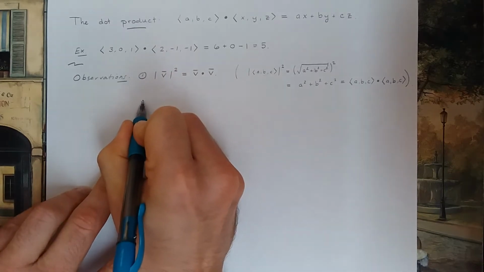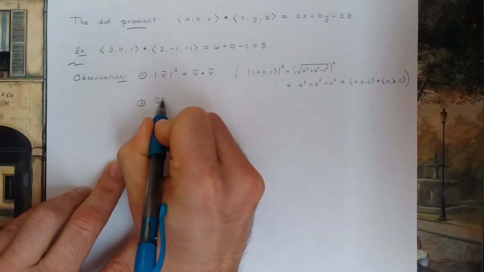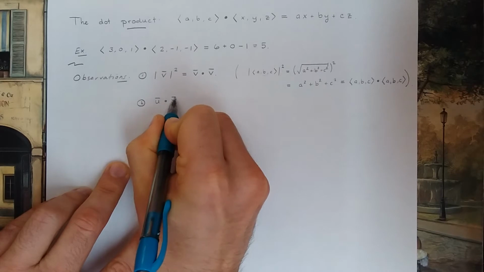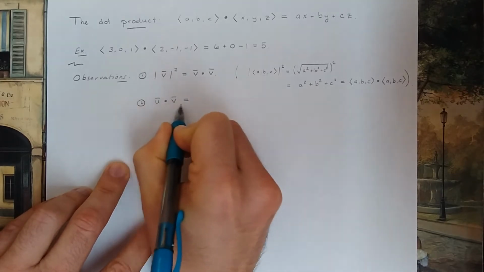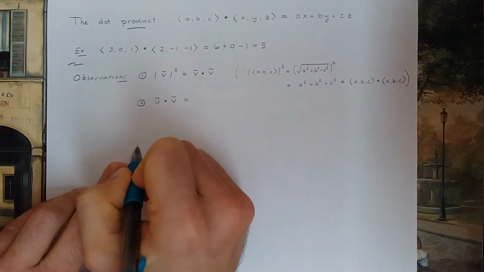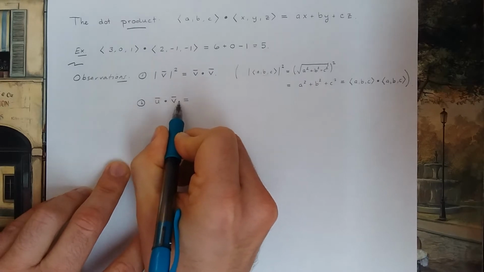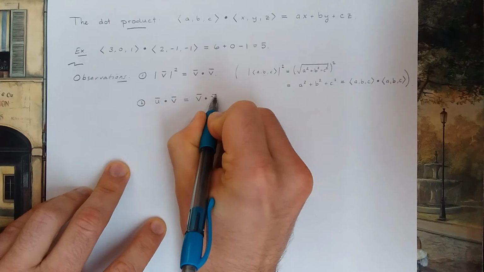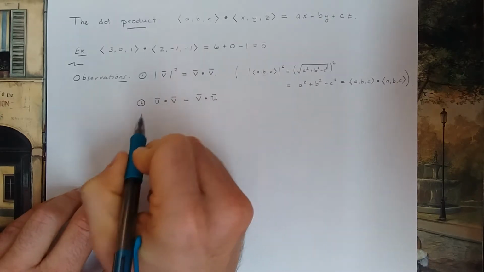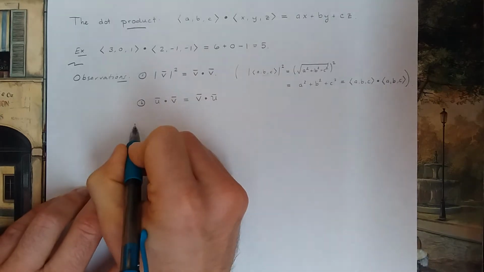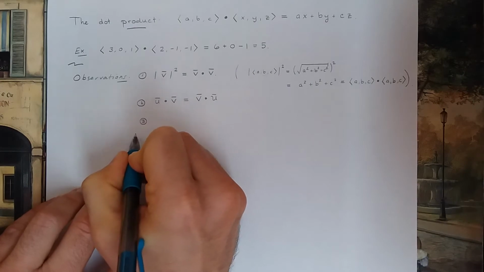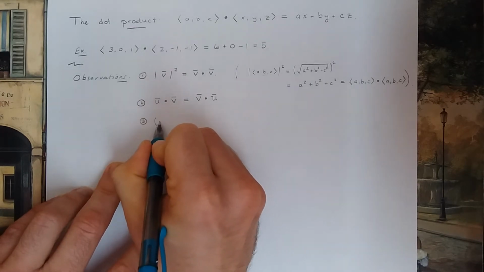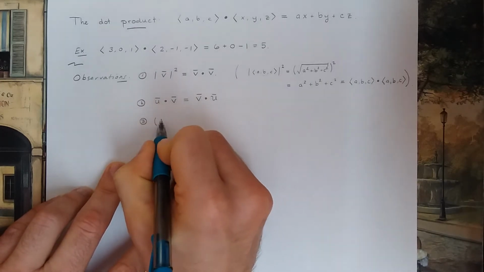The next observation is if I take two vectors and dot them, it doesn't matter the order in which I calculate the dot product. So u dot v is the same as v dot u. So order does not matter when you're taking the dot product. And then observation number 3 is there's a distributive property.